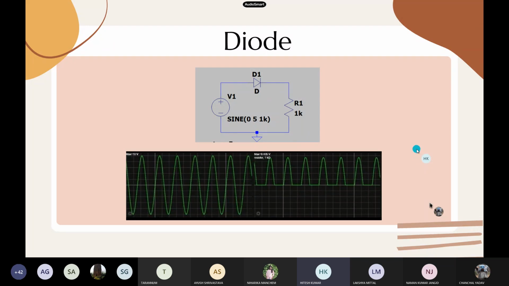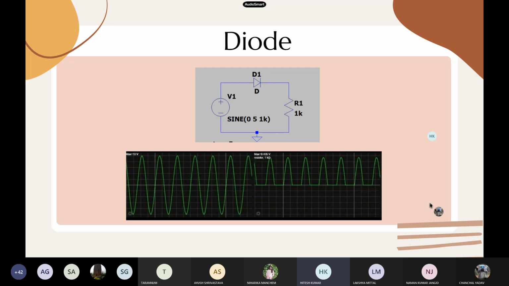So it is a very important use of diode. We can now run equipment that is not capable of running on negative current.